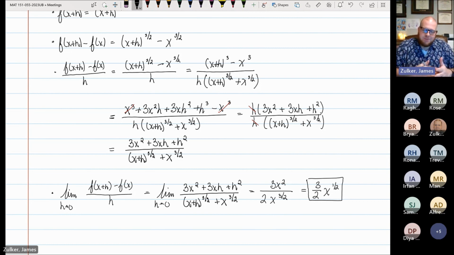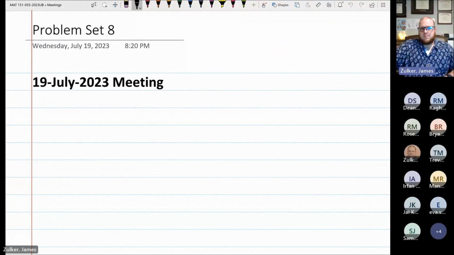So what we do next, and for the next 3 classes, is develop rules and techniques to find derivatives. Okay. We start with basic rules of differentiation.